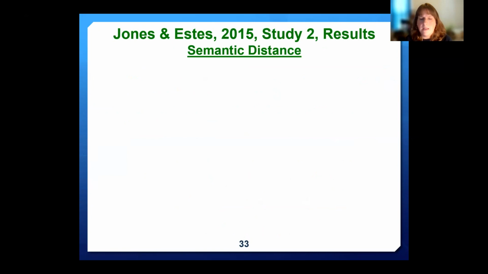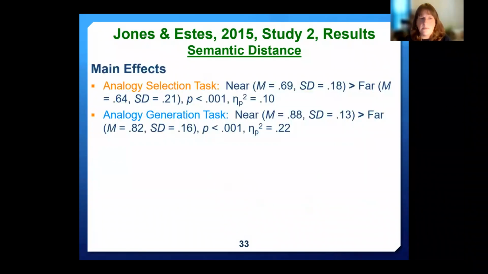Okay, now looking at the interaction with semantic distance. As before, not surprisingly, there was a main effect of semantic distance, such that the near analogies in both the selection task and the generation task had better performance than the far analogies, higher accuracies and more relationally consistent responses.